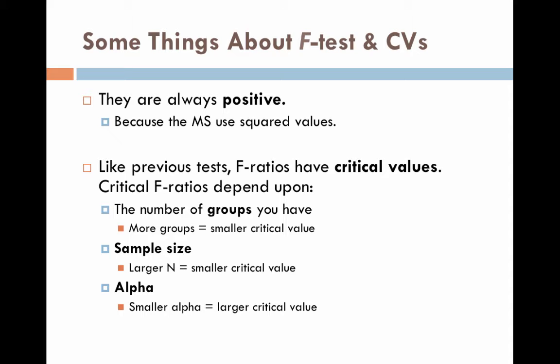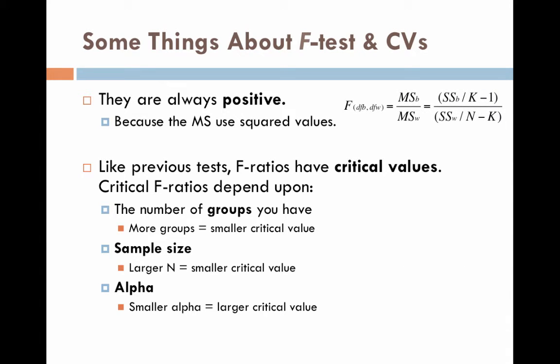It is not possible to ever have a negative F-test. If you've calculated an F-test that is negative, you've done the calculation wrong. Go back and redo the calculation because your F-test will always be positive.